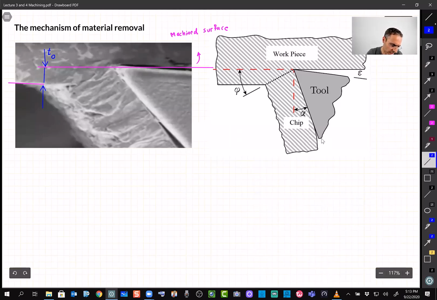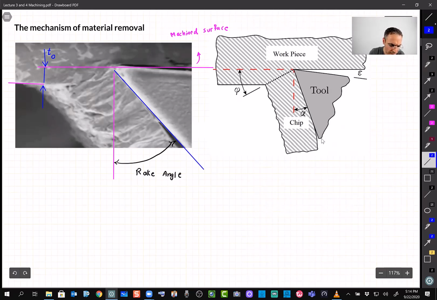What else can we say? Let's say this line over here, tangent to the tool. And also we talk about another line, which is perpendicular to the surface that we are machining. And we call this one rake angle, right? So this one is rake angle.